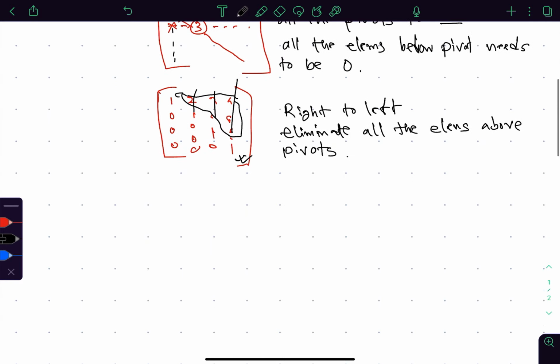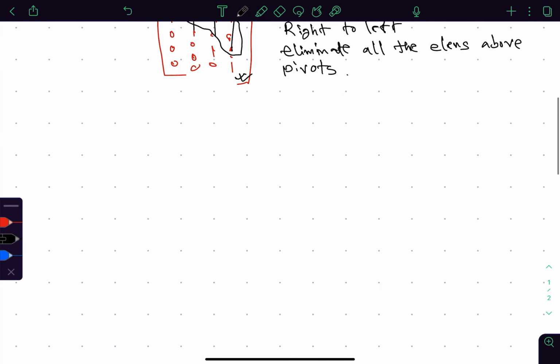Okay, so let's look at an example. Suppose we have a set of linear equations, right?